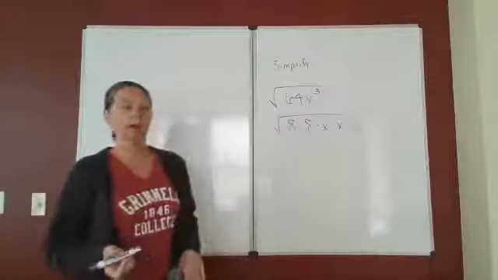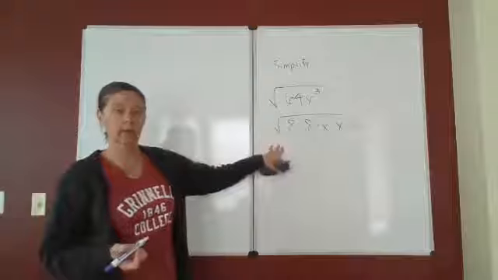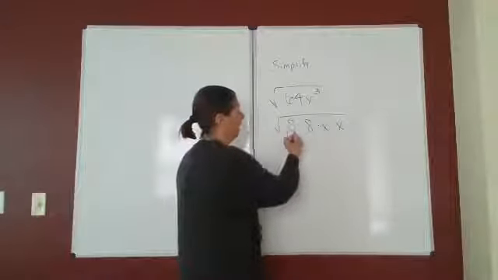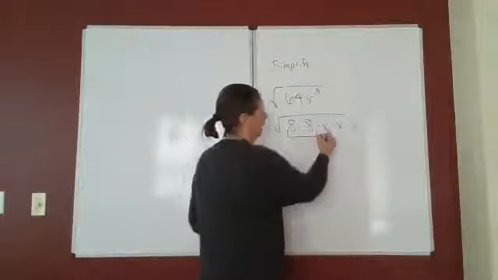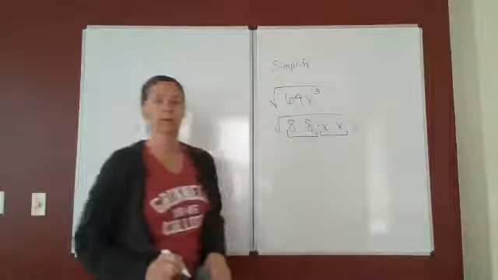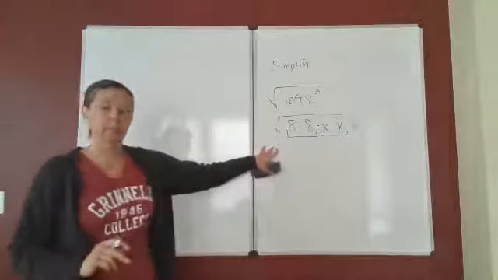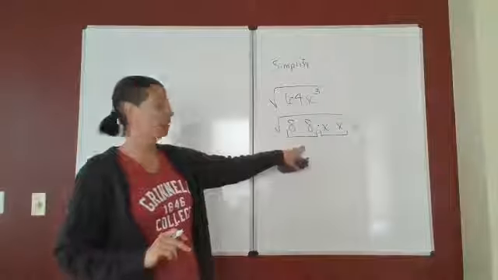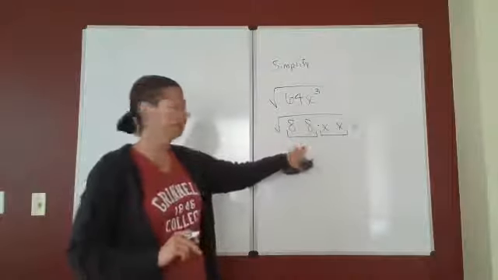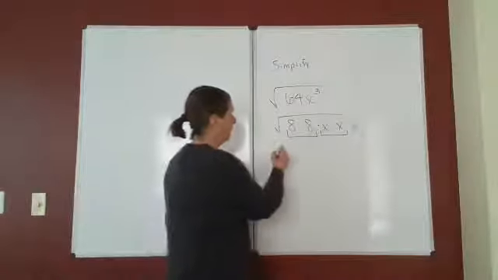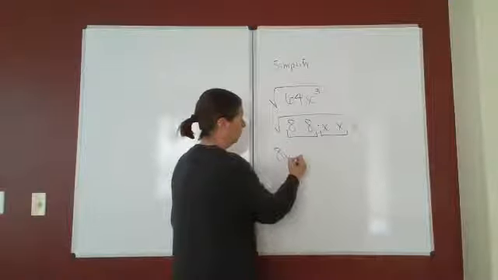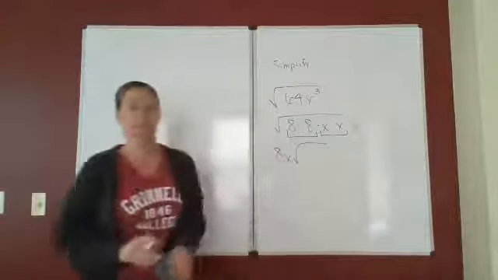So in this case, I also have 2 perfect squares underneath my square root symbol. I have got 8 squared, and I have x squared. So just like in the previous example, I can take the square root of my square, which will give me 8 and x, and put those out in front of my square root symbol.